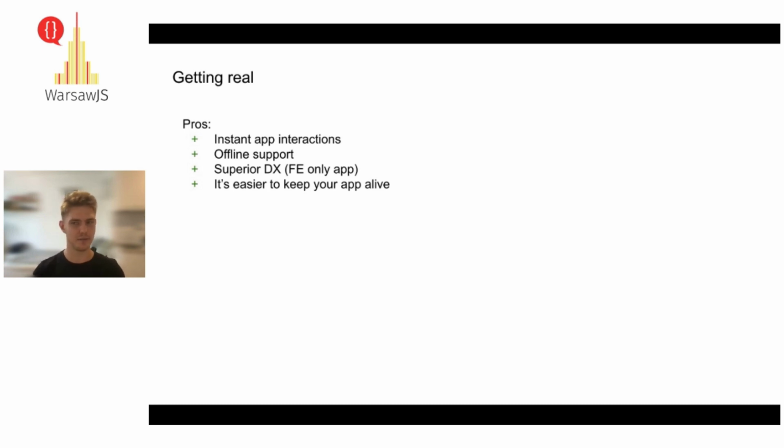So if something happens to your backend, the user can still use it. Obviously, some functionality will not be there because they cannot sync with others, but they can use the app and access their data. And also the backend components now are much simpler, much easier to scale.